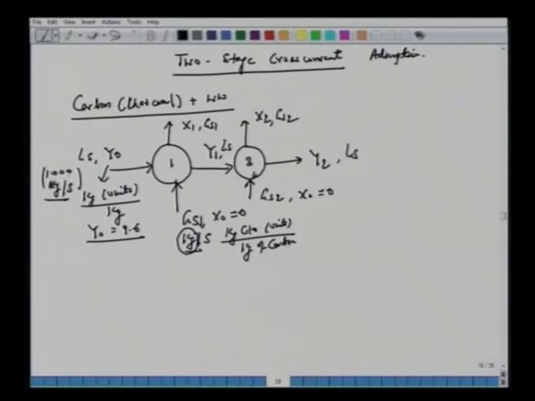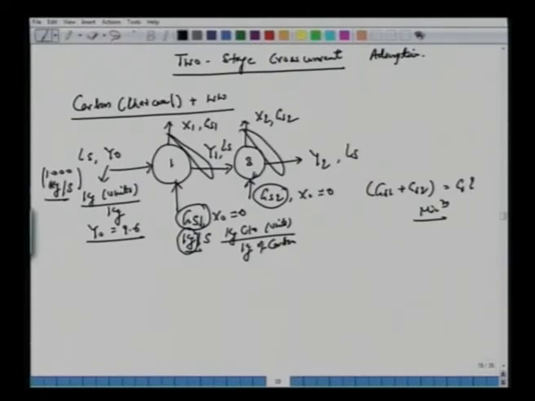The question asked here is what is the optimum, minimum amount of charcoal required. The flow rates of GS1 and GS2 are not known. We are assuming ideal stages, so X1, Y1 are determined by the equilibrium, and X2, Y2 also by the equilibrium.